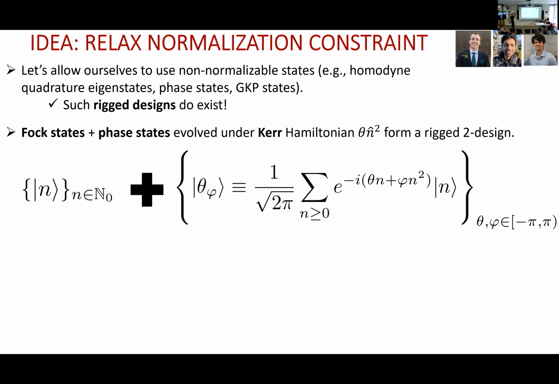And then you introduce an additional parameter, this phi parameter, that is multiplied by n squared. Together these form a rigged 2-design. Now these are not normalizable, and we have to use both.